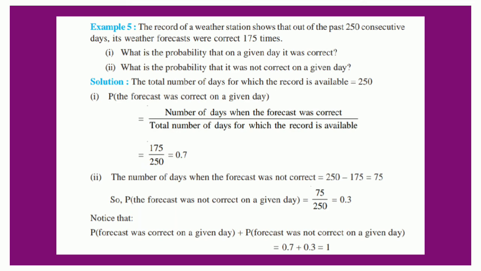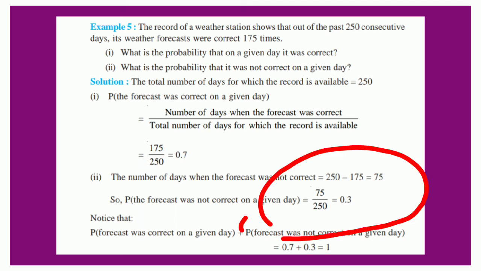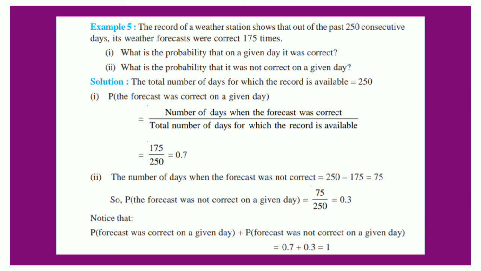Then sub-question B: the probability of the forecast was not correct on a given day. We know the correct is 175. You subtract this number from 250, you will get 75. So 75 divided by 250 is equal to 0.3. And also you will get total probability equal to 1.